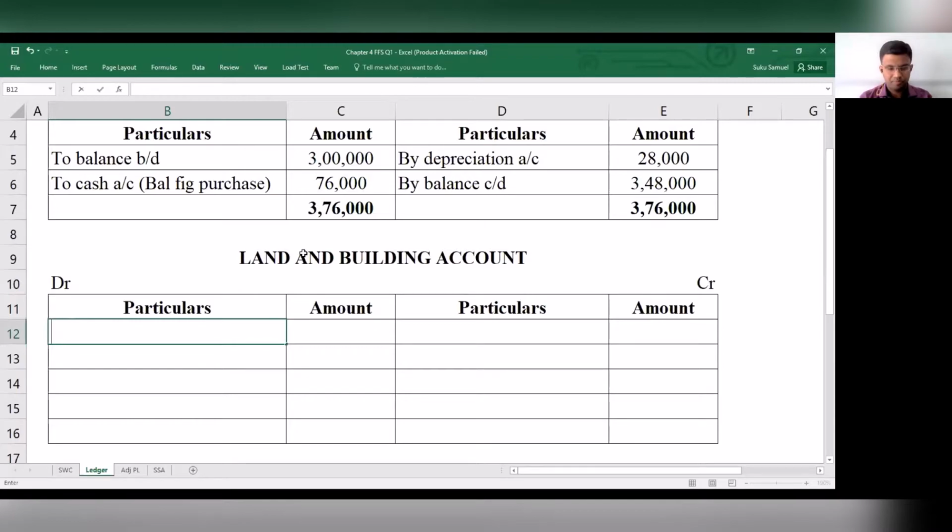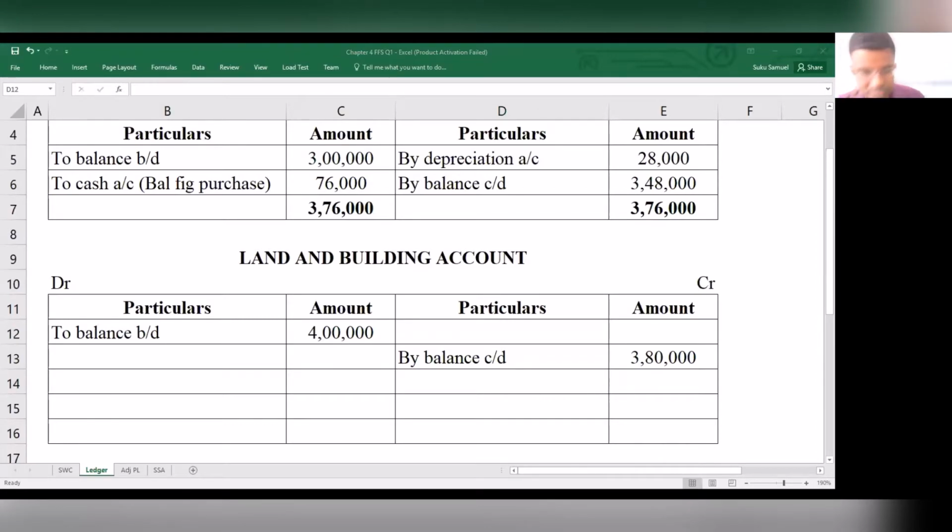So, to balance brought down, which is 4 lakh. Next is by balance carried down, 3,80,000.